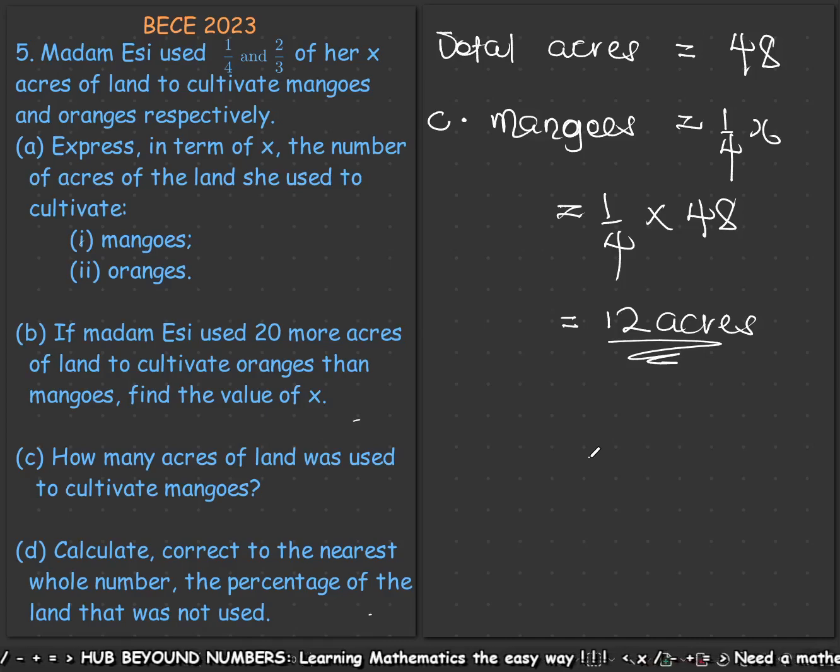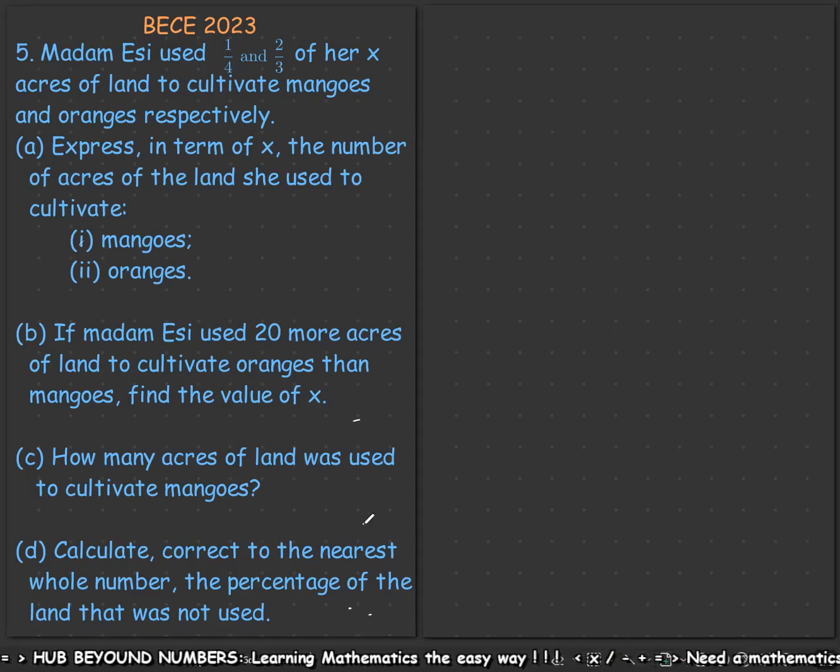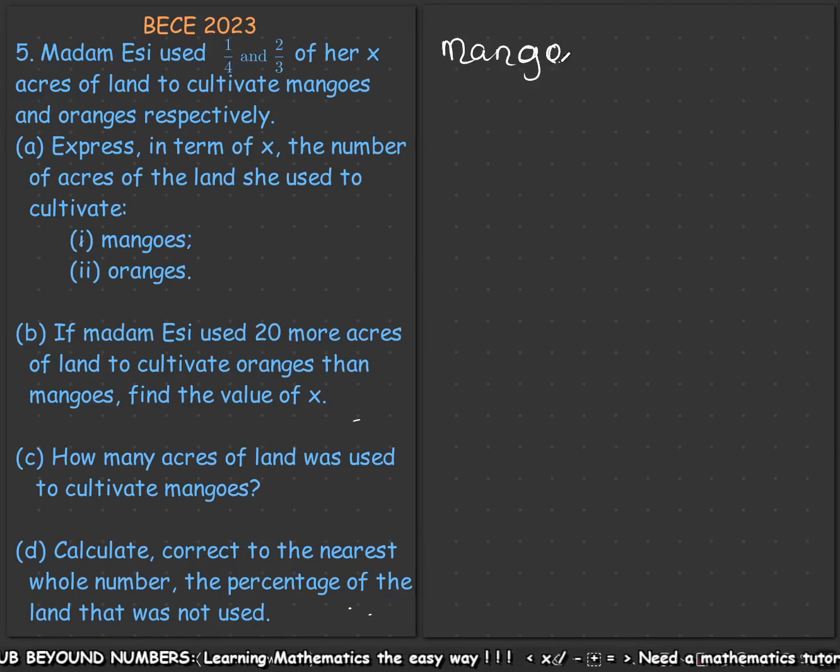Then we divide that by the total area of land. So with that, let's take note that for mangoes, which we have just solved, the area of land that was used to cultivate mangoes was 12 acres.